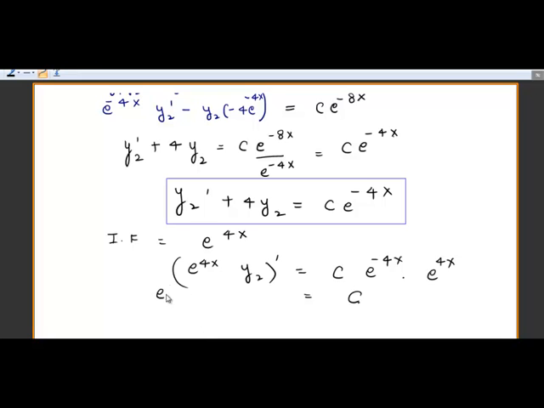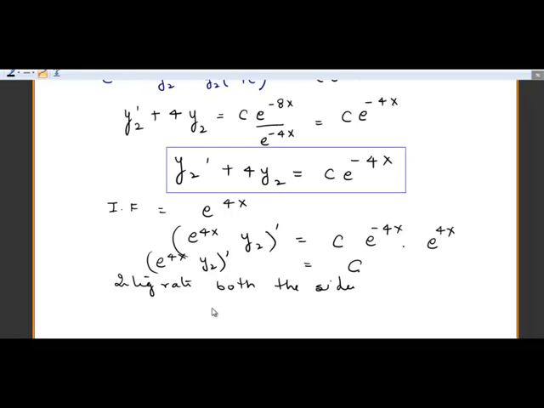So I get e to the power 4x y2 prime to be c, integrate both sides, and I haven't yet placed a value of c because I don't know. So let's see now. Y2 e to the power 4x is equal to cx plus some constant of integration.